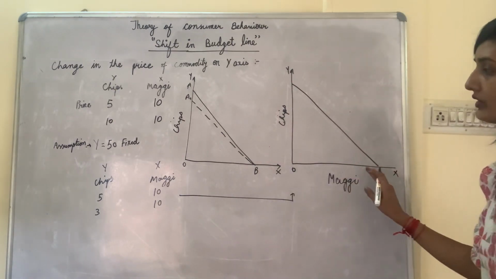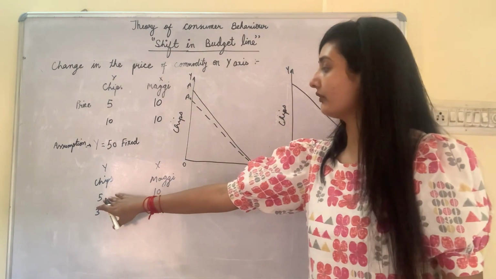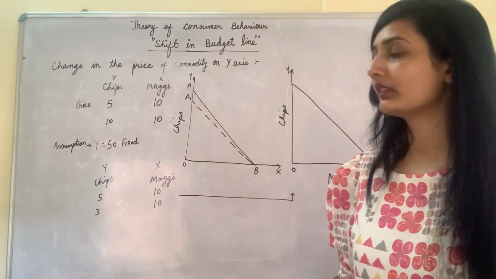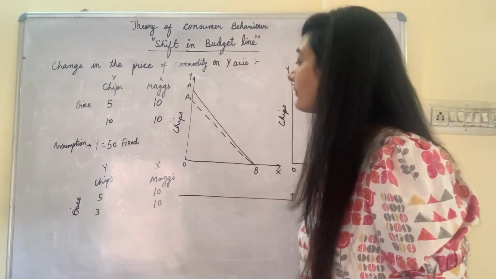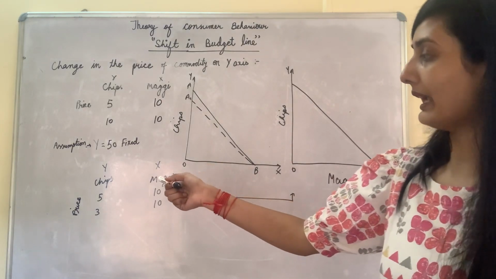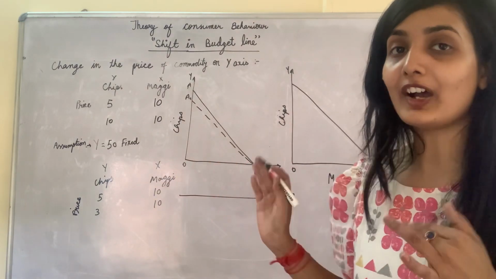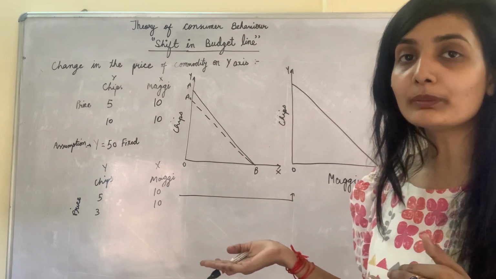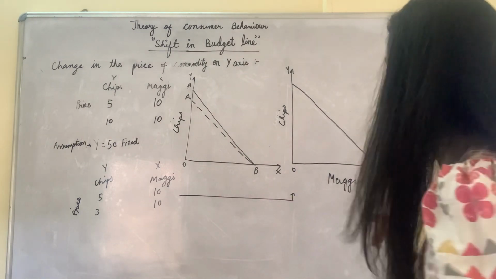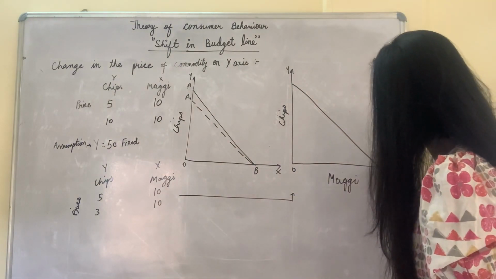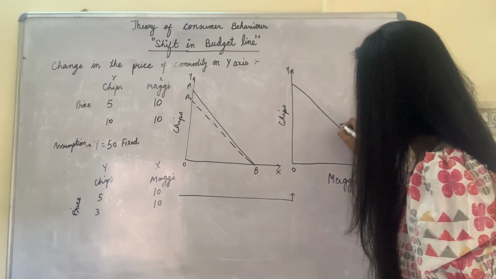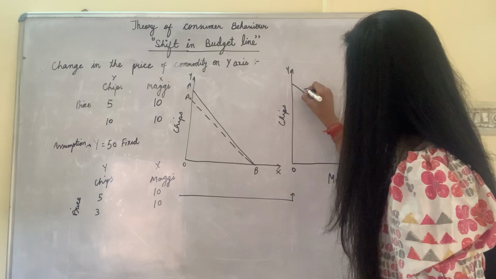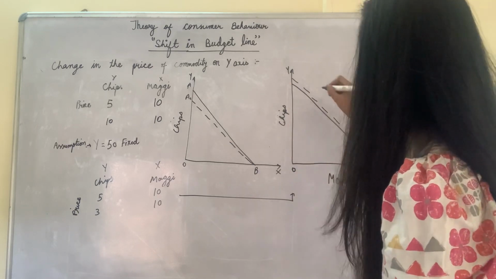This is our original budget line, representing the prices 5 and 10 of chips and Maggi. So the price of chips is decreased. Now the consumer will be able to purchase more packets of chips. So it will shift rightwards.